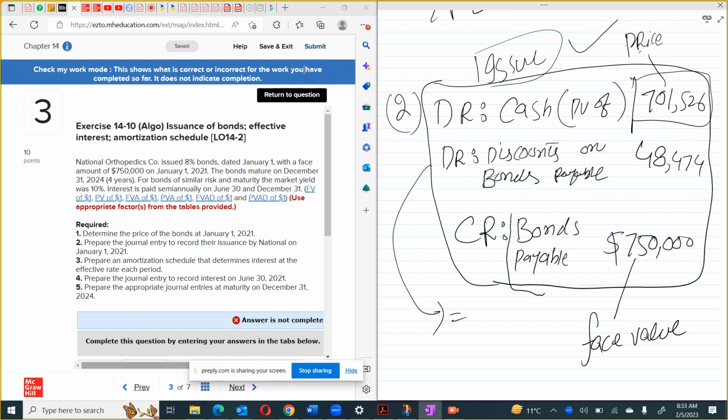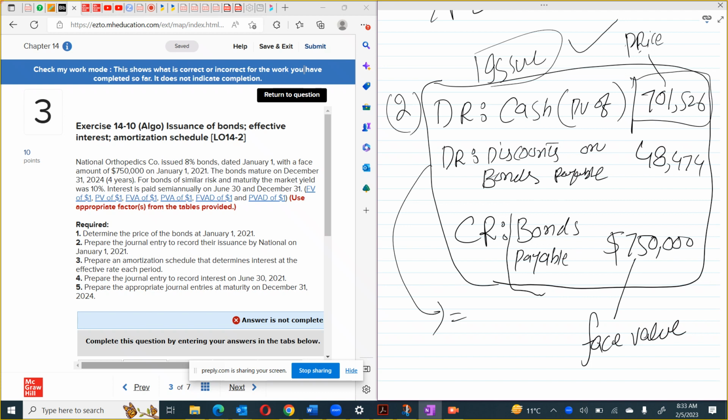Financial accounting, or whatever accounting, is so easy if you learn everything. I'm just applying the things we have learned in the slides, we are just practicing it.